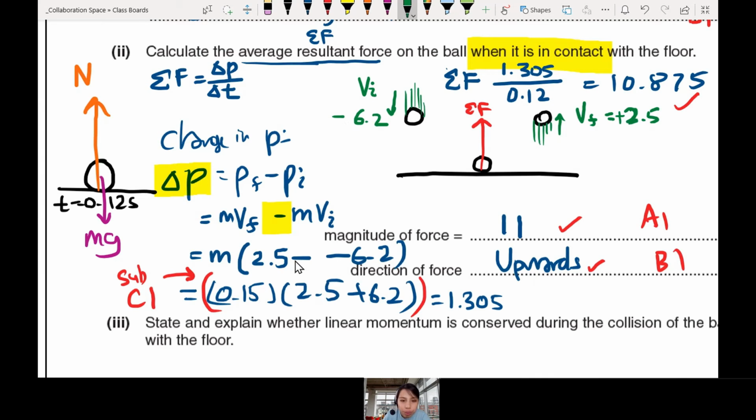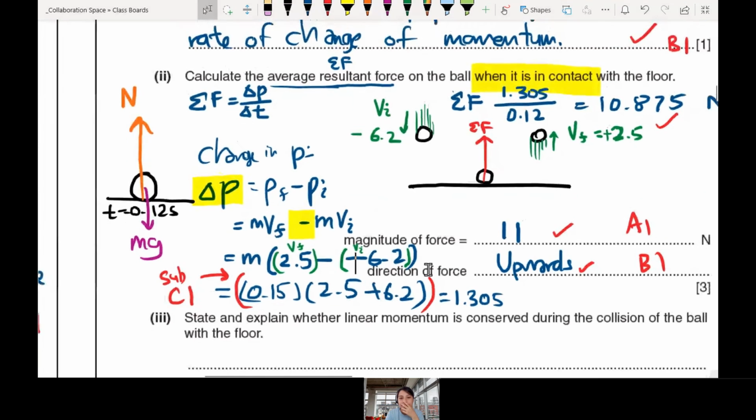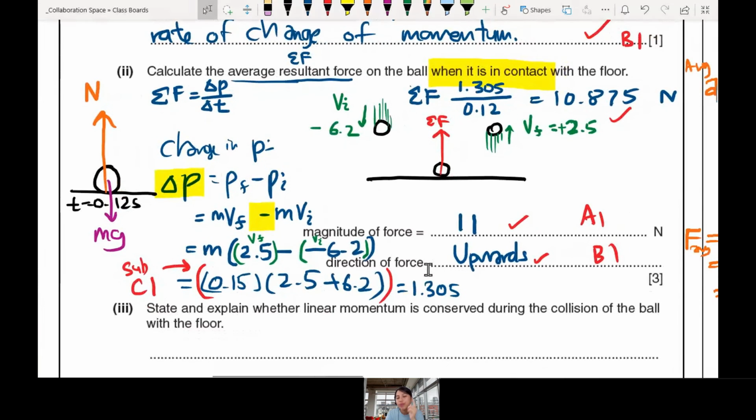So I guess you could put in bracket like this. 2.5, which is final, minus the initial. Initial is negative 6.2. Hope that clarifies the question. So whenever there's momentum and velocities, be careful with the signs. I will draw a big sticker note and say, hey, be careful with the signs.